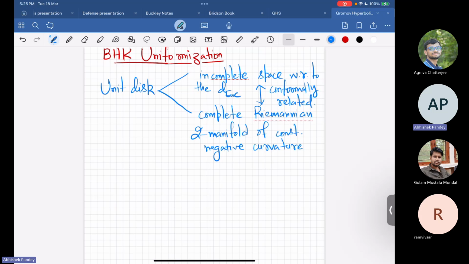We are going to see that the same kind of concept is available in the more general setting of Gromov hyperbolic spaces. In the BHK uniformization, the incomplete space is a uniform metric space, and on the other side it is a general Gromov hyperbolic space.